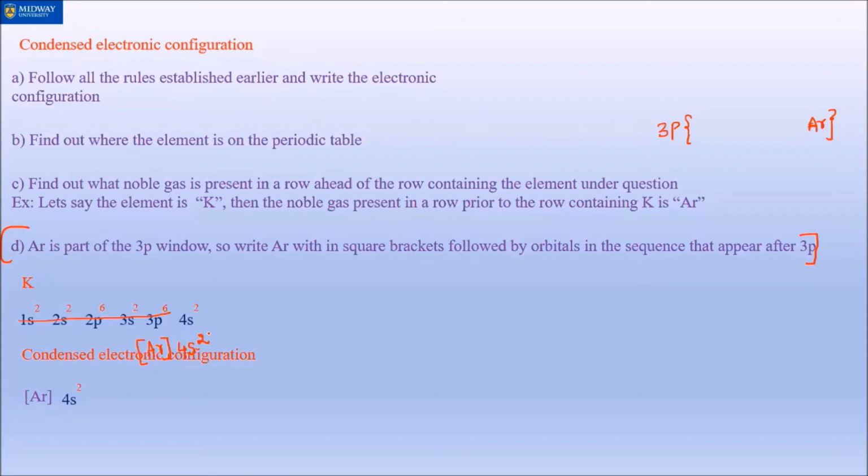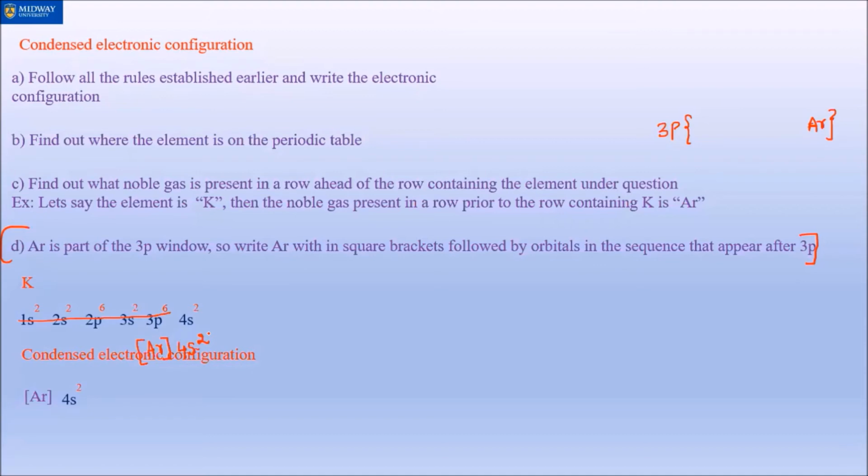Now, I'm going to go to the next screen, and I might only work out one example because the condensed electronic configuration is kind of summarizing your entire understanding of being able to write an electronic configuration. So I don't need to do 10 other things.